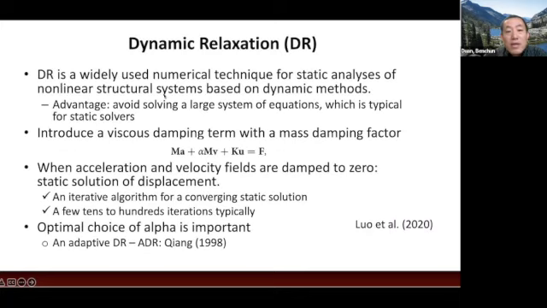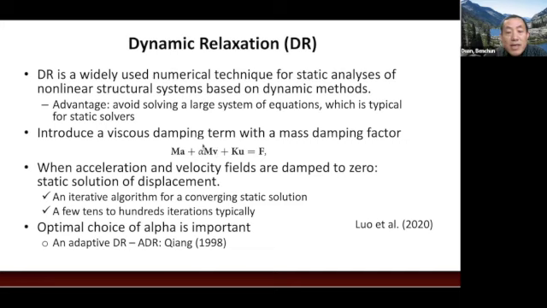This method is actually widely used in structural engineering. I think they use it to solve static problems based on a dynamic solver. So the advantage is that, similar to what I mentioned earlier, we don't need to solve a large system of equations. This is really a beauty. So we want to make use of this feature of the dynamic solver. And mainly, I introduced this damping term.